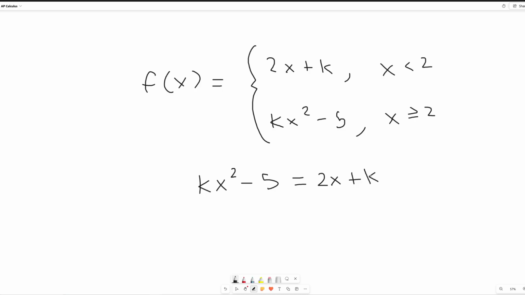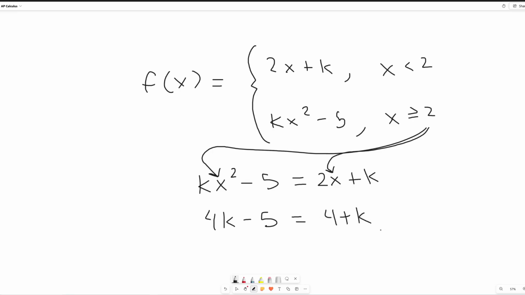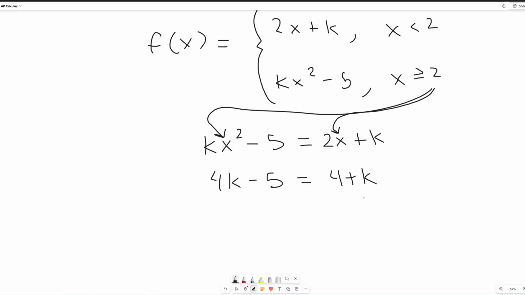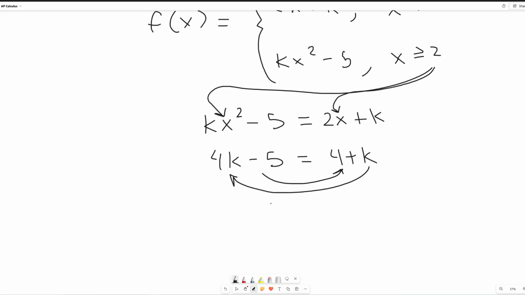Second, plug in your 2 for x. This is the x value it has to equal at. So if you plug in 2 for both x values, you'll get 4k minus 5 equals 4 plus k. Now, with simple algebra, move the k over, move the 5 over, you get 3k equals 9, and thus k equals 3.